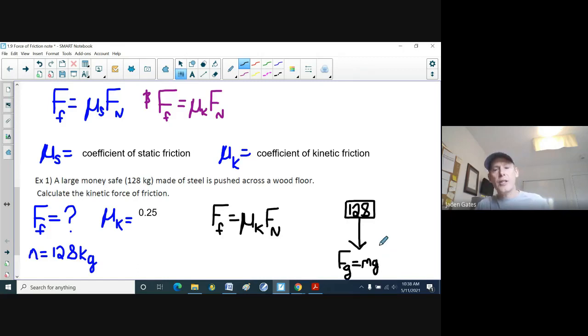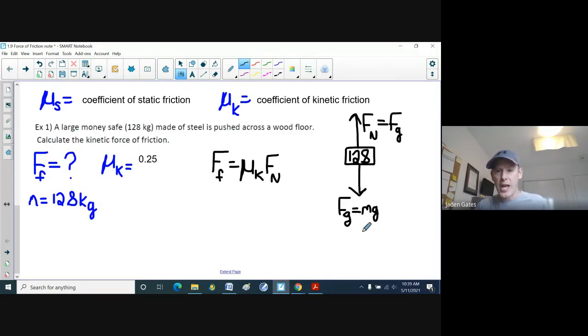Now, because this safe is not flying up into the air and it's not going down through the floor, the vertical forces, the up and down forces, are balanced. And so F_g and F_n have to be equal to each other because this safe is pushing down on the floor, and by Newton's third law, the floor is pushing back up on the safe with F_n. So if we find F_g, we got F_n.